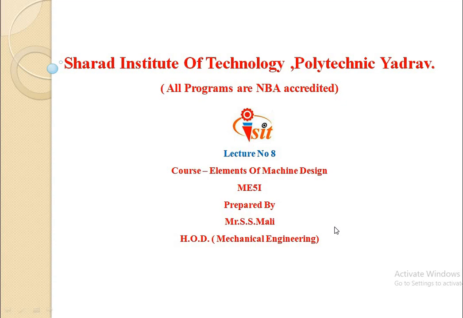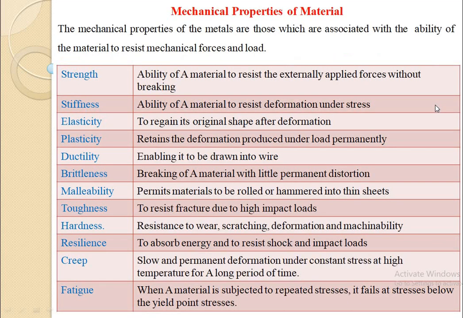Before going into the properties of the materials, first of all, let's see how the materials are classified. What is the classification of the materials? We know that the engineering materials are broadly classified as metals and non-metals. Again, metals are further classified as ferrous metals and non-ferrous metals.